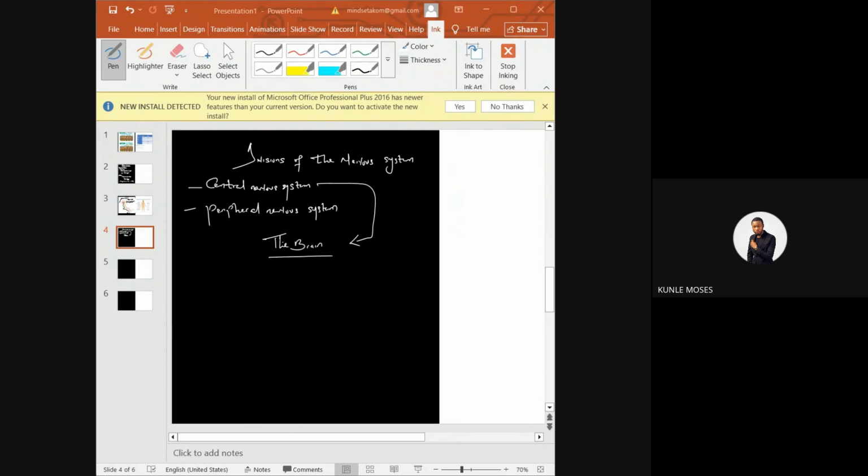Another function the spinal cord can do is that it can also control reflex actions. Reflex actions are the next subtopic. The nervous system and reflex actions are intertwined, like an automatic response, a default system: once you do this, this is how you should respond.